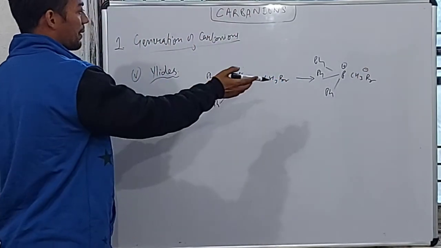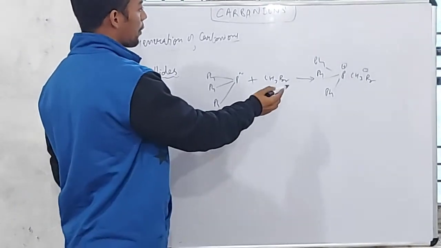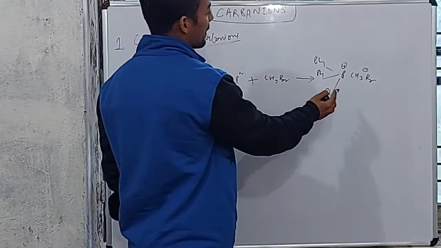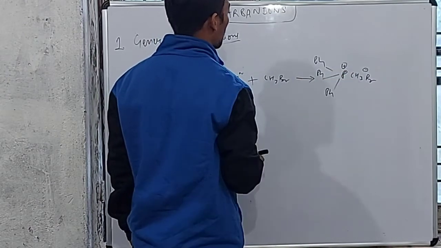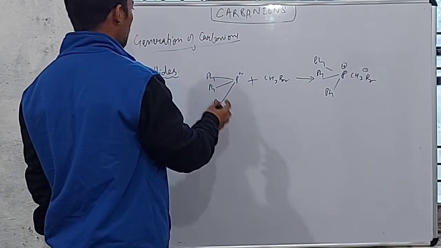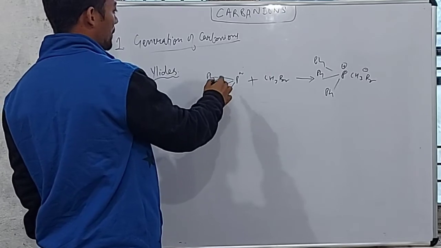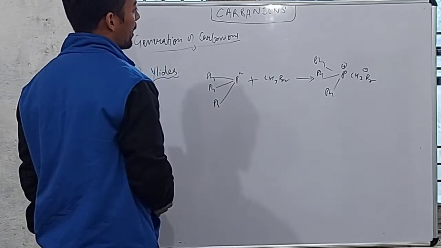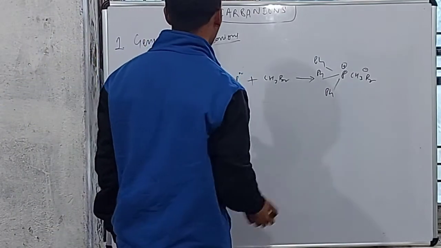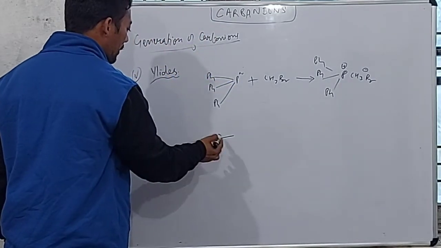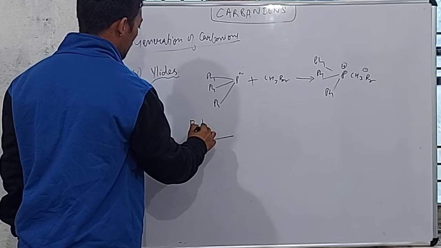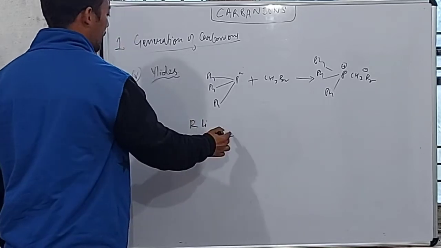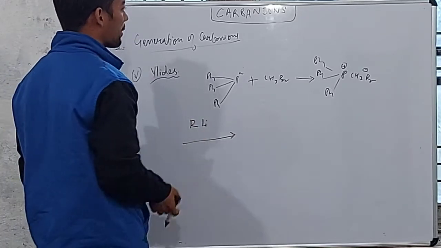So this is the reaction for this. As you can see, triphenyl phosphine is reacting with the alkyl halide to form this compound, and if we further react this with RLi, alkyl lithium, we will get a carbanion.